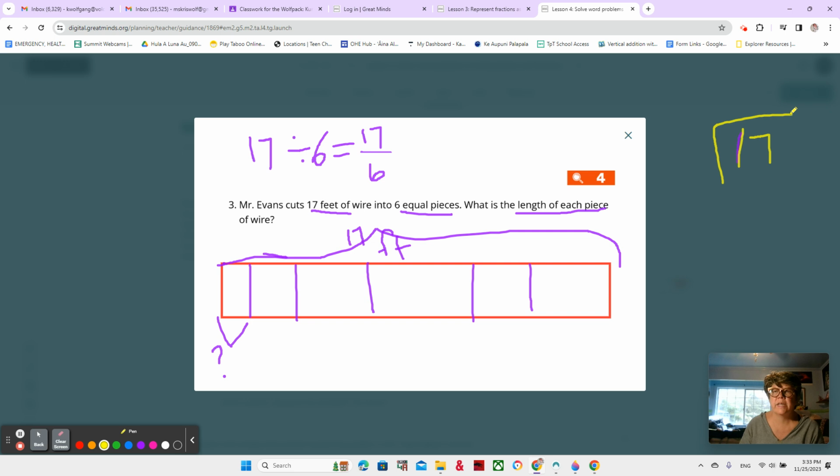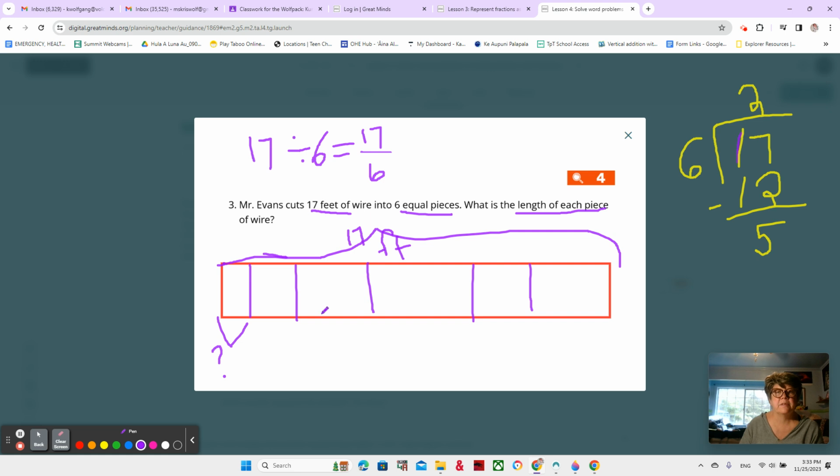17 divided by 6, right? I'm dividing up the 17 into 6 parts. So 6 times 3 is 18. So 6 times 2 is 12. Divide, multiply, subtract, and I have 5 left over.